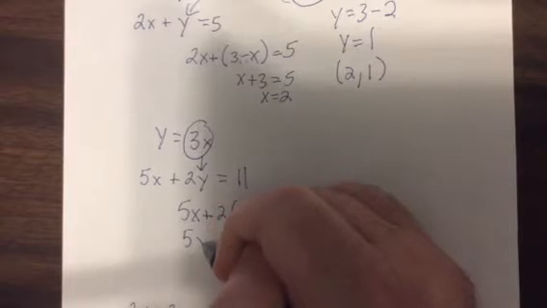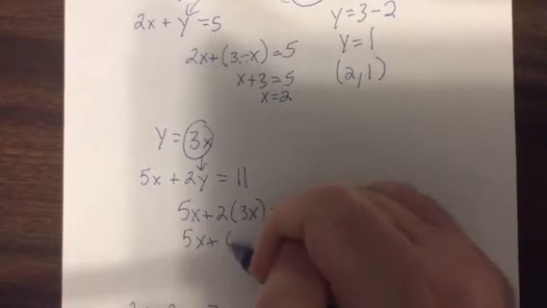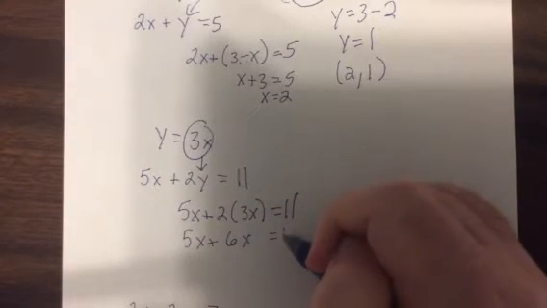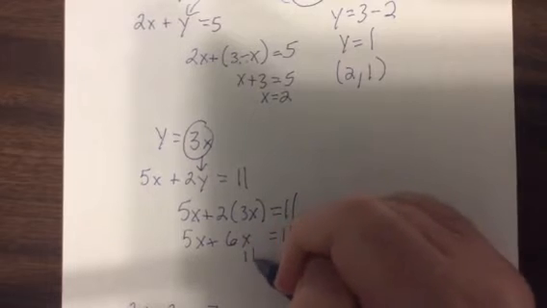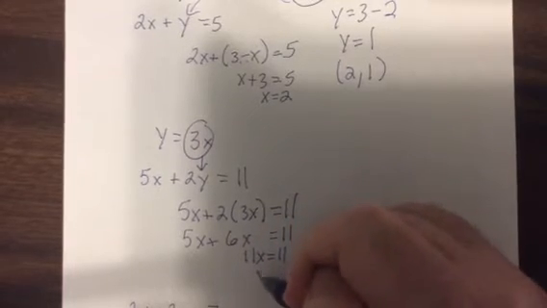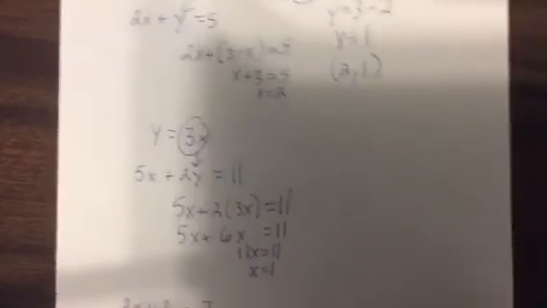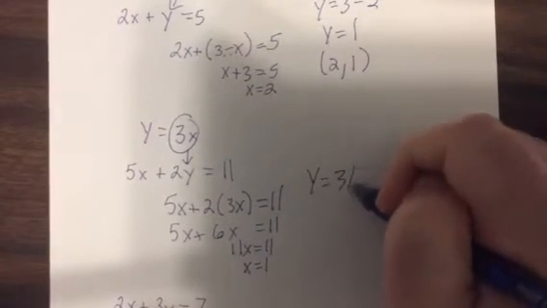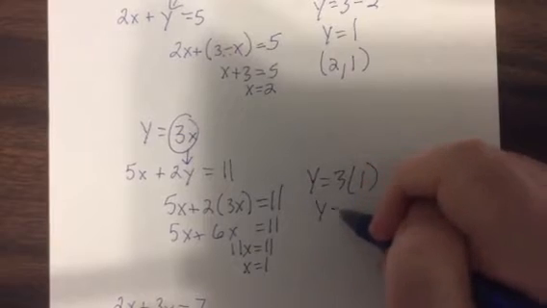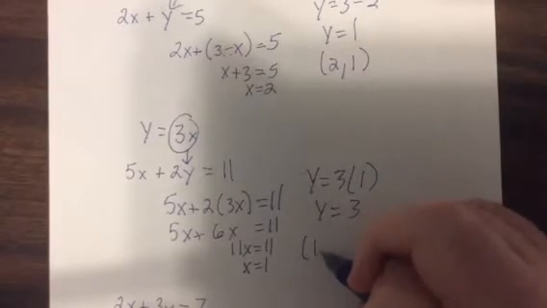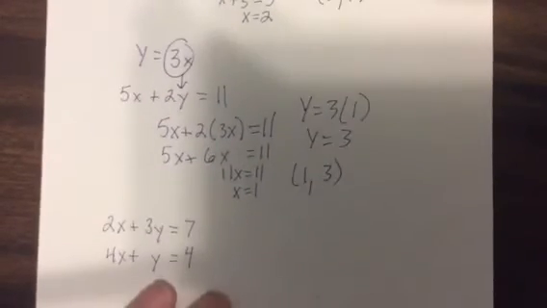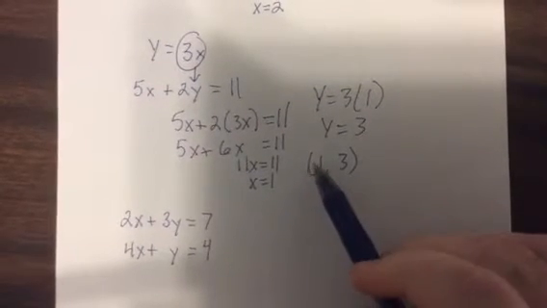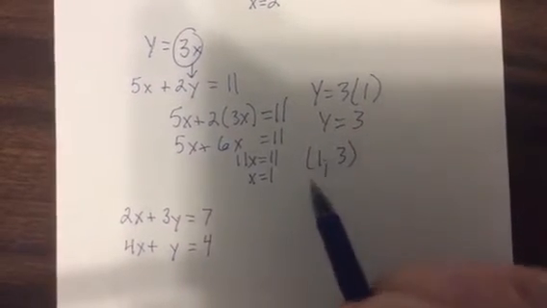So 5x plus 6x equals 11, so 11x equals 11, so x equals 1. To find y, y equals 3 times 1, so y equals 3. So it's (1, 3). Again, it has to be an intersection, because we got a number answer.